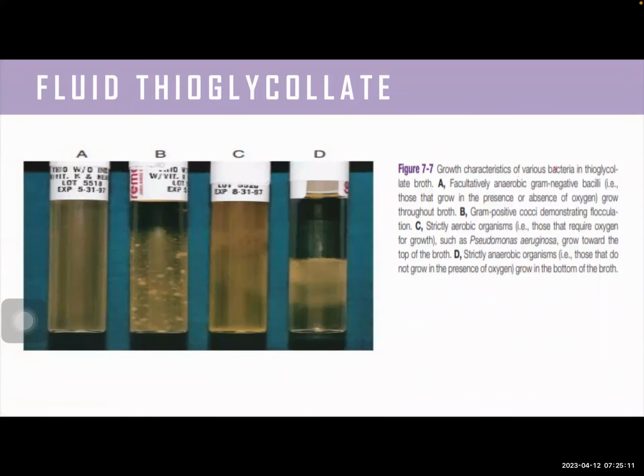Kasi, I've mentioned earlier that turbidity is an indication na there is bacterial growth on a broth or in a broth culture. But there is a specific threshold of organism growth that we can observe. Meaning, meron lang specific amount of bacteria na magkakaroon ng turbidity.